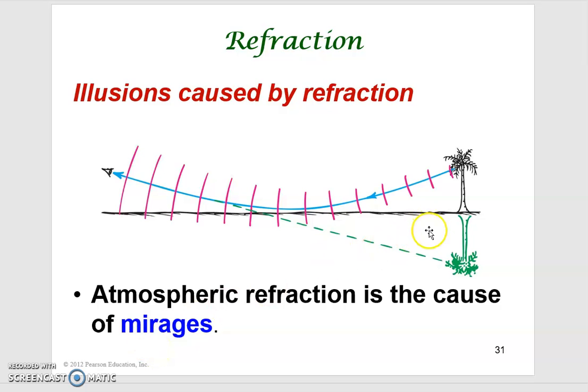It is because in the desert during the daytime, the temperature near the surface is very hot, very high, and the air in the upper level of the sky is lower in temperature, so the density is different here and here. When the light is emitted from the trees, it will travel in these directions.